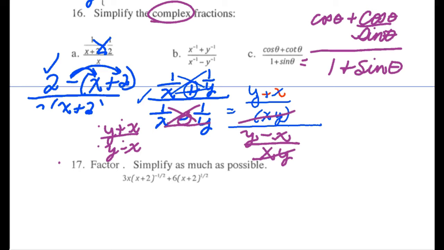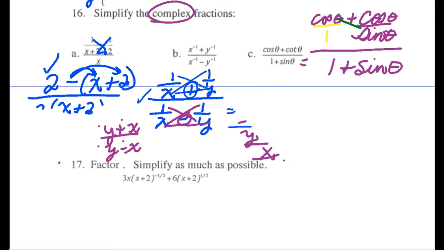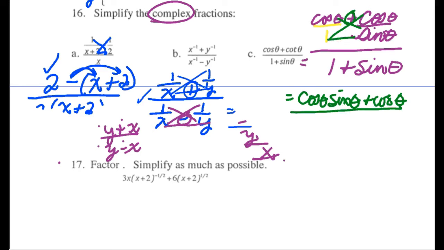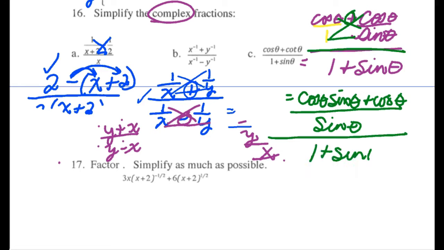On the top I picture that over 1, and I go Chris, cosine sine, and then my link is plus, cross, so plus cosine theta, all over go across, which is 1 times sine theta. Then I have the big fraction bar, and it's all over 1 plus sine theta.